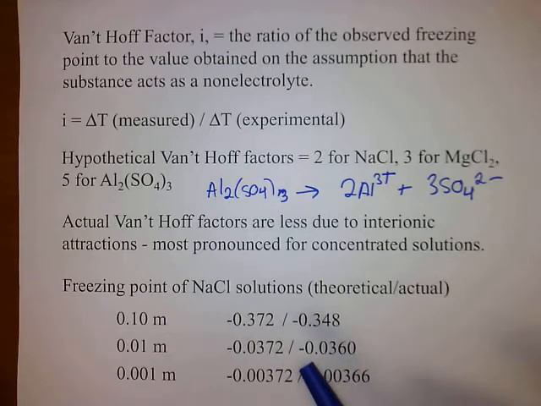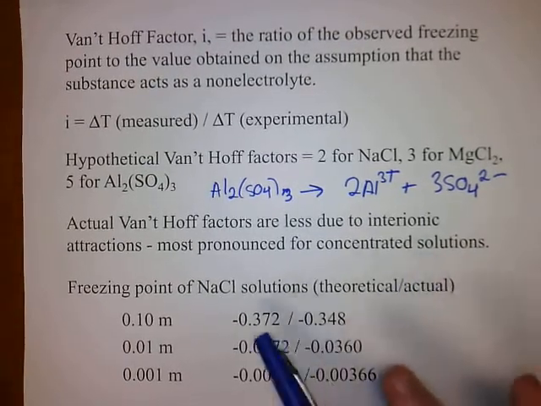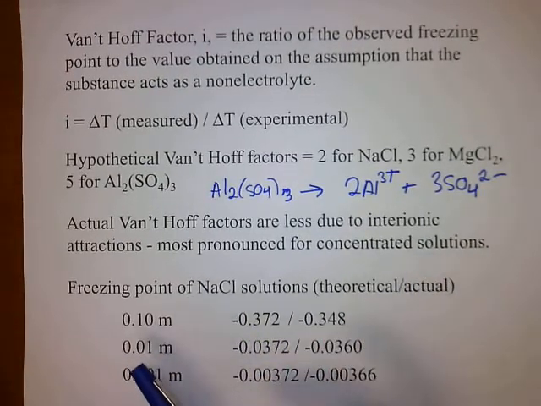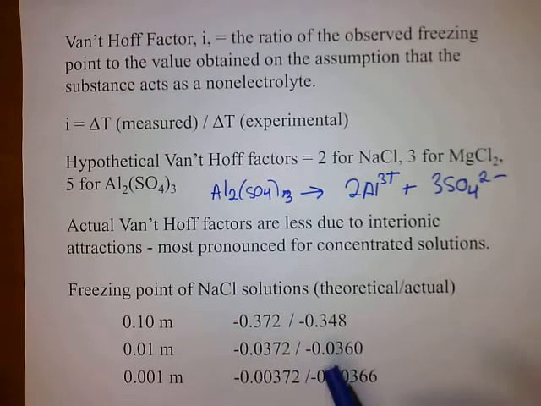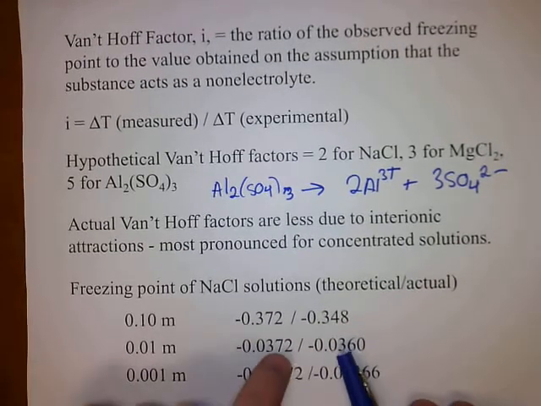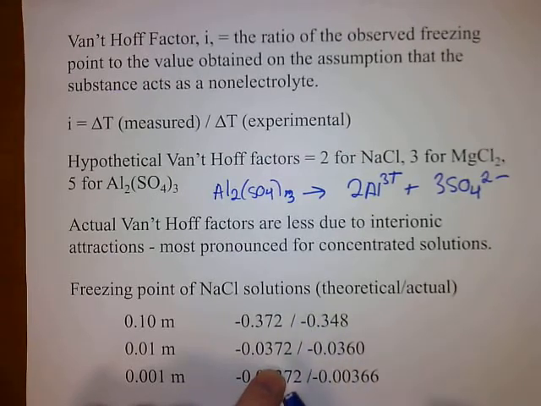Okay, like I said, it's more pronounced for concentrated solutions. So if we drop down to a 0.01 molal solution, what we would predict would be negative 0.0372, and what we get is negative 0.0360. So the difference between the two is smaller here than it is here.